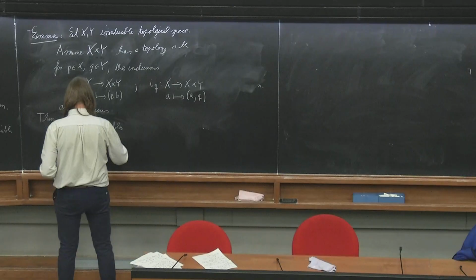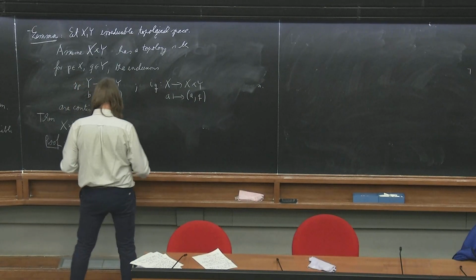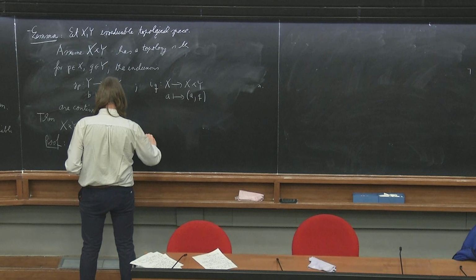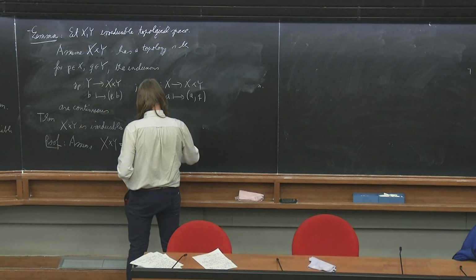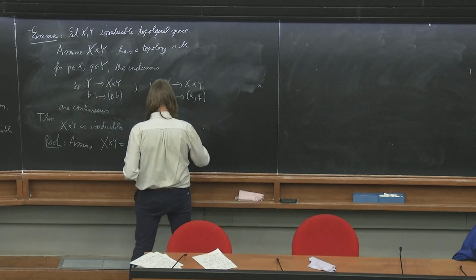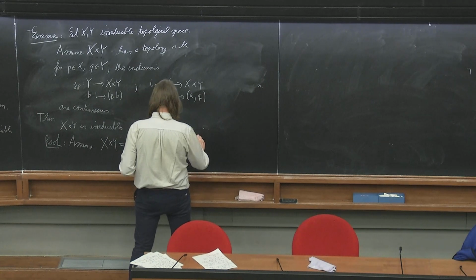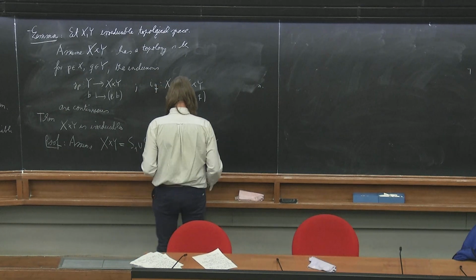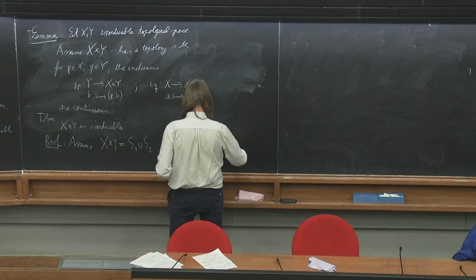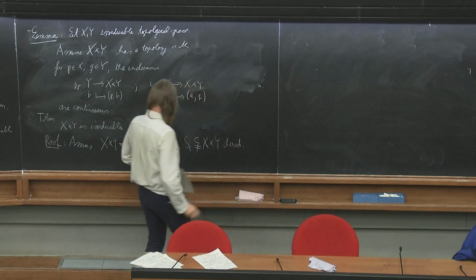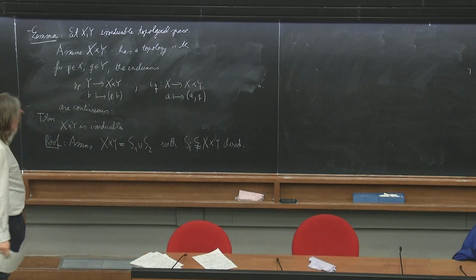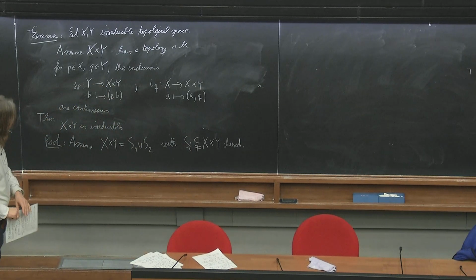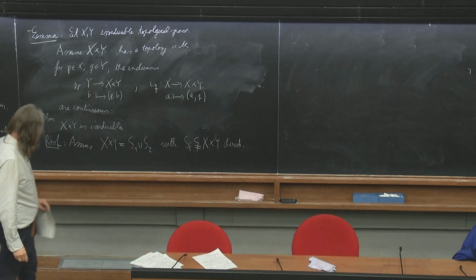So we assume that X times Y can be written as the union of two closed subsets S_1 and S_2, none of which is equal to the product. So S_i is strictly contained in X times Y, and they are both closed, for i equals 1 and 2. And we will want to deduce that either X or Y must also be reducible.